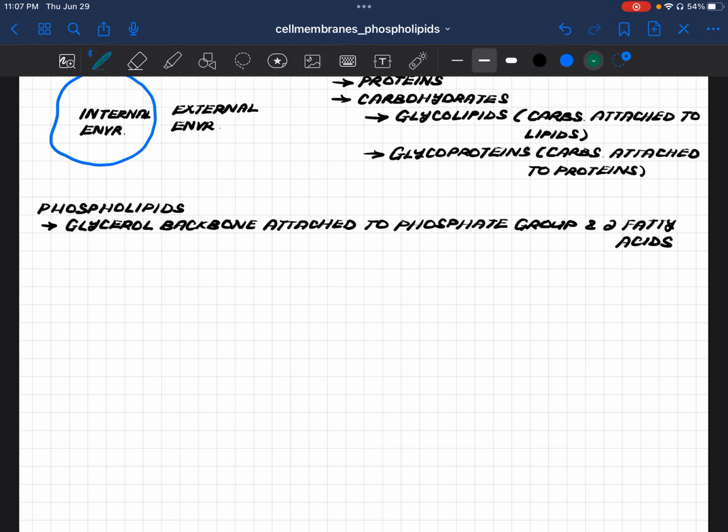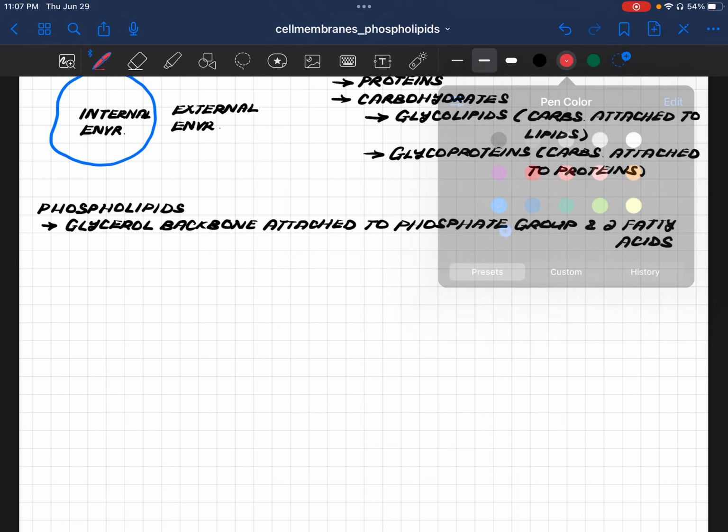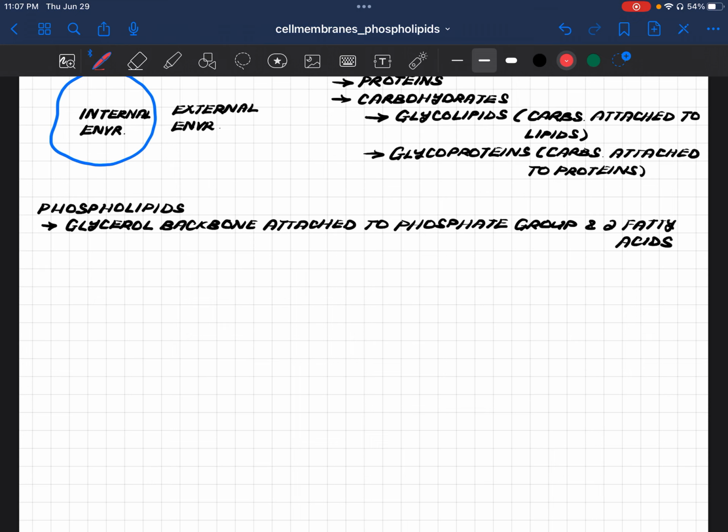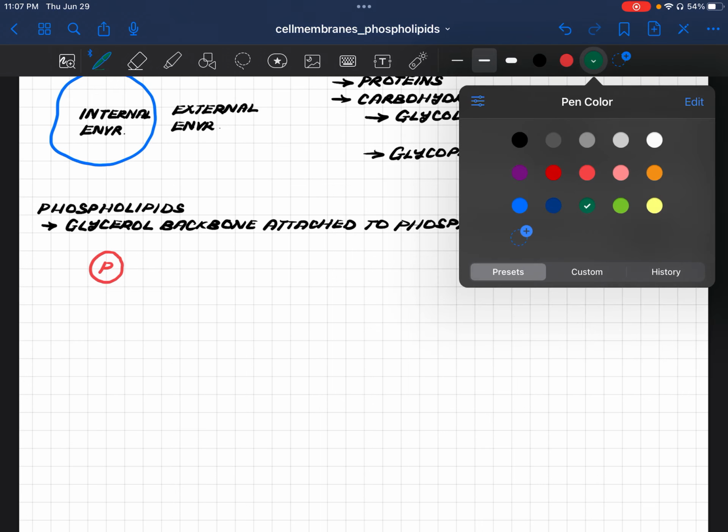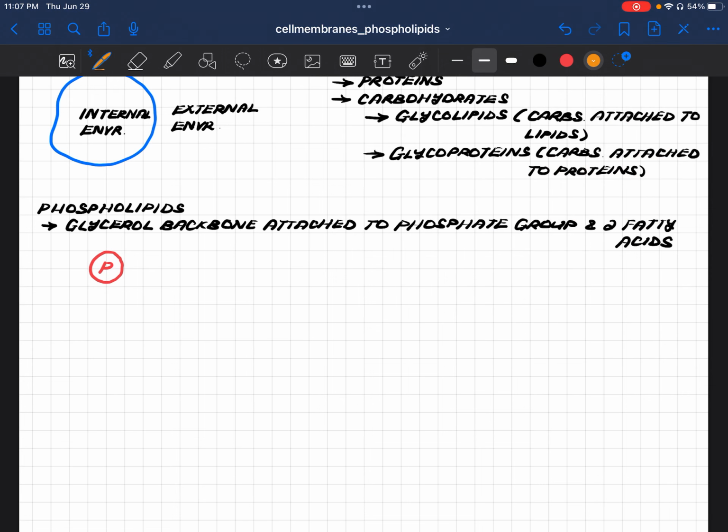So we might see something like this as a phospholipid. We have a phosphate group here, and we have two fatty acids attached there.